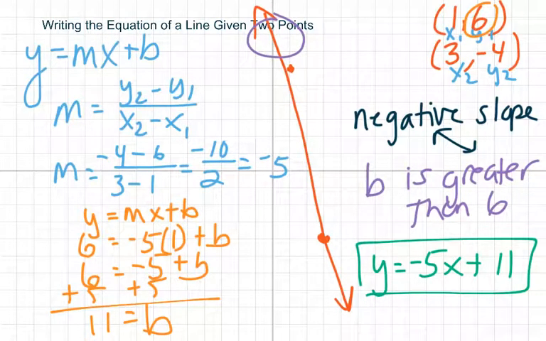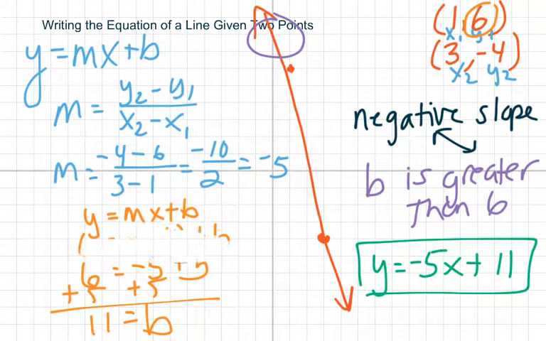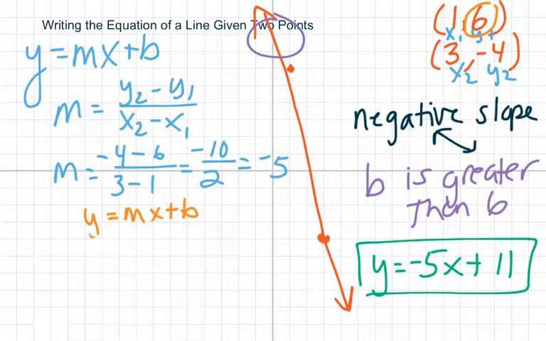Now, just to illustrate that you can pick either point, I'm going to do a quick rework of that, picking the other point. I just want to do this one time to illustrate that it doesn't matter which point you pick. So we'll pick the 3 and the -4.